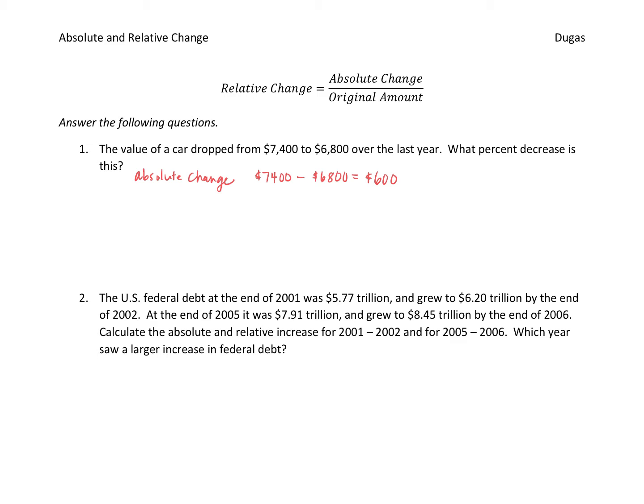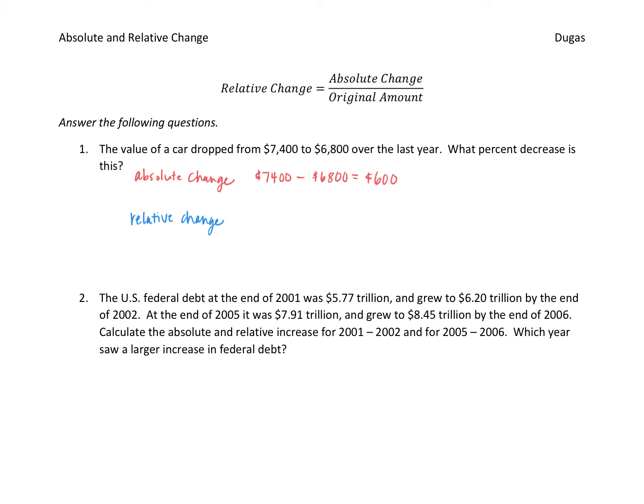The relative change is how much it changes relative to how much it started with. So the relative change is usually looked at as a percentage. It's how much it changed in relation to where it started.